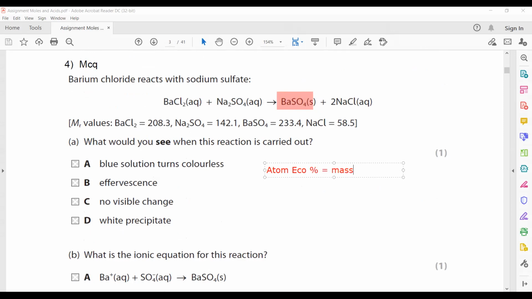That is mass of the desired product divided by total mass of the reactants or products, and that is multiplied by 100. So this will give the percentage atom economy.